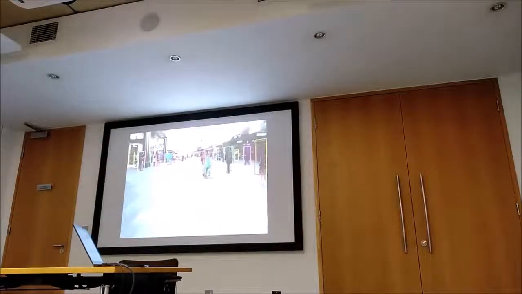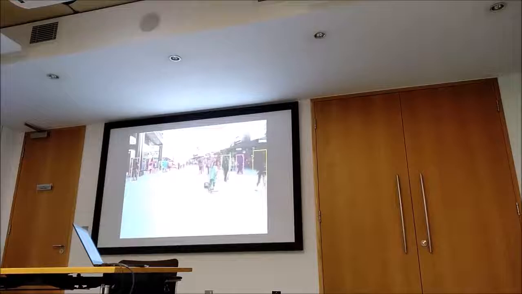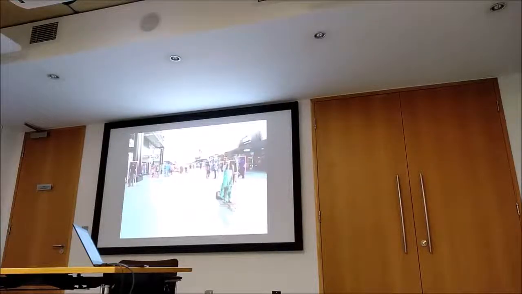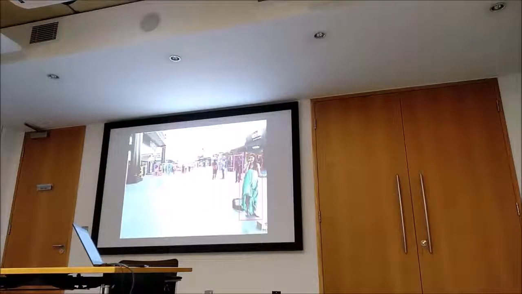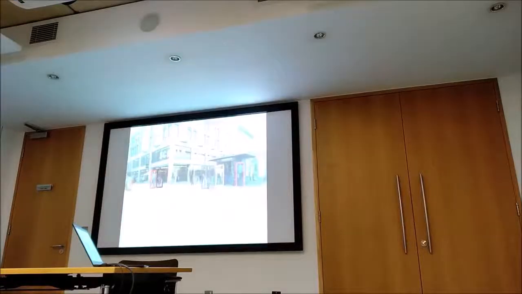So the tracking results you're seeing here are generated only using the size and the position of the bounding box after we are given the results of our person detection. The method works online. It works in real time on a small Jetson platform. And we use that for UAVs and other types of robotic applications.